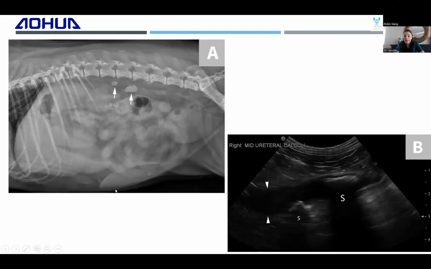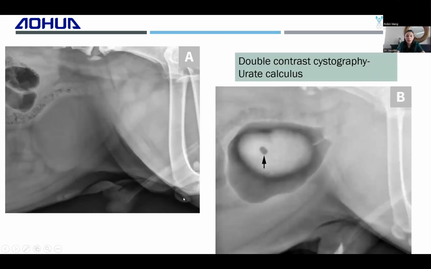So let's see here, for example, we have a mid-ureteral calculi here. You see how high up the calculi are. They are not in the bladder. So we really have to know what we're seeing, especially in the DV projection. And this was verified by the ultrasound as well. Another thing is the double contrast cystography for urate calculus, for example.